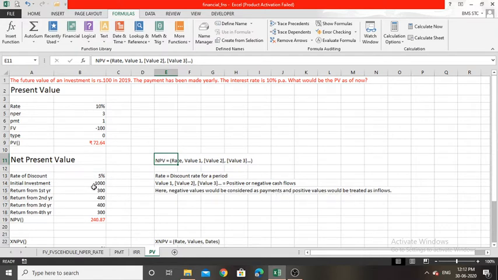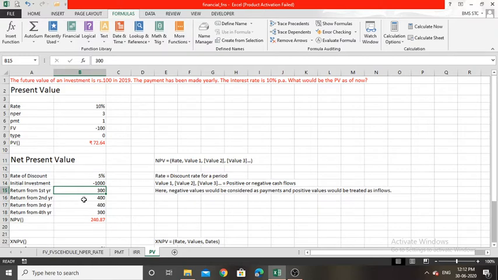As you can see, the first investment was minus 1000. It shows a negative value as a payment, meaning we are going to pay this much amount for something, so cash is going out, and that's why it's denoted by a negative symbol. The remaining values are returns, that we are receiving this much amount year by year.